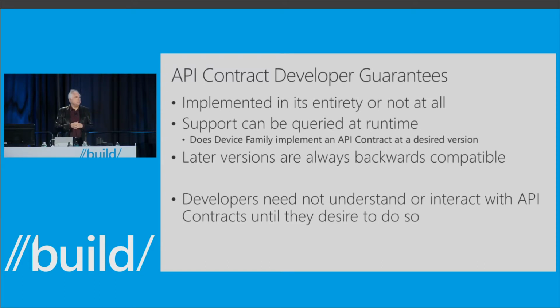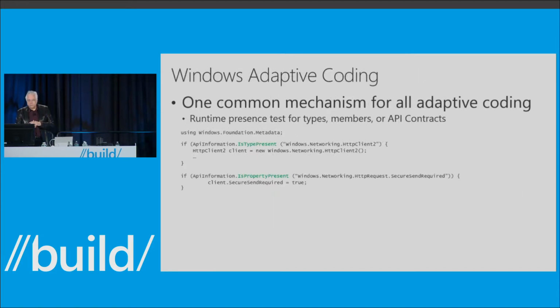If it is, great, that's all I need. API contracts are more like, oh, I need this large area of functionality. I'll pick on Cortana again. Now, it turns out that's a really bad example because Cortana is in the universal set. So you don't actually have to check for it. So you don't really need to know about API contracts until you have to.